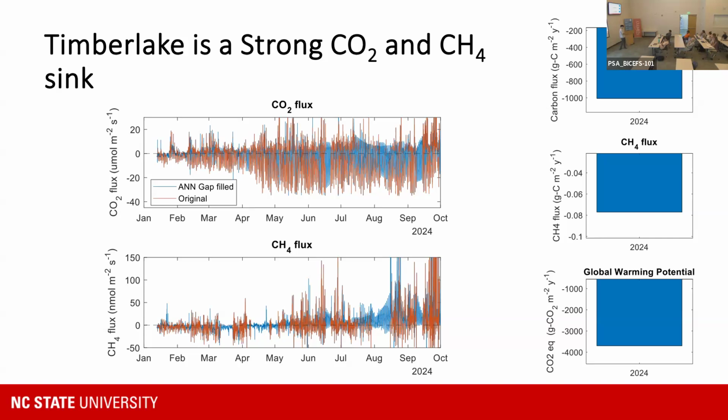comparing that to Alligator River where we had these positive forcings. So Alligator River with those higher methane emissions is contributing more greenhouse gases and more warming compared to what Timberlake is doing. So it's pretty interesting to think about where Timberlake lies in an ecosystem transition perspective.